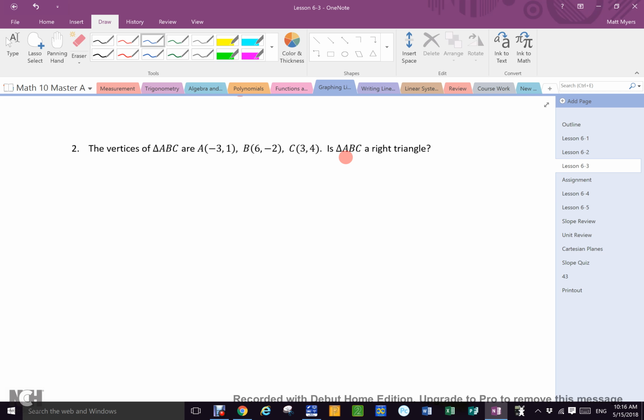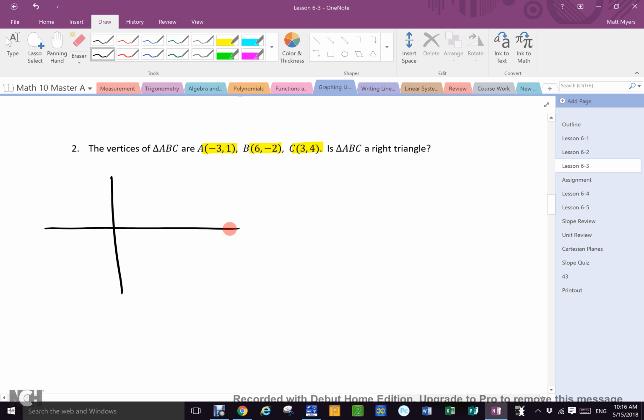I'm asking you if you can figure out a way to cut down your workload. And you're on the right track. It has to do with locations. That's your first hint. How can I use the locations of these points to help me cut down my workload? Where do I find those? On the graph.